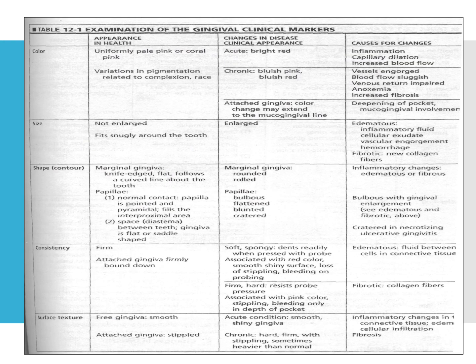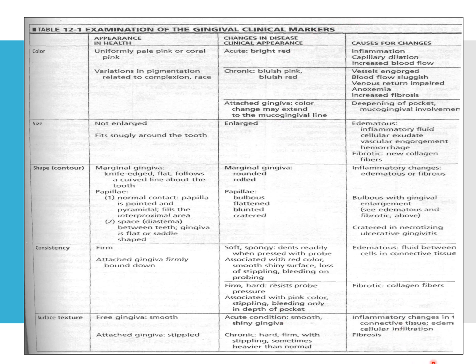So coming to the summary, we are correlating the clinical features with the histological features. You can see this tabular column where we have defined the appearance in health in terms of color, size, shape, consistency, and surface texture, and what changes you can see clinically, and what the causes for the changes are.